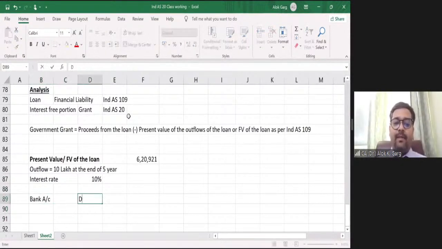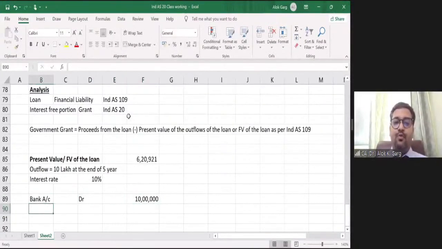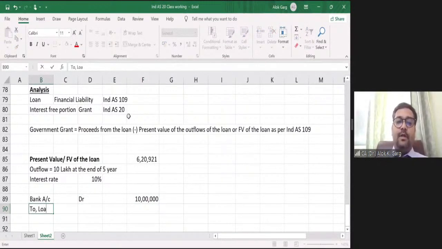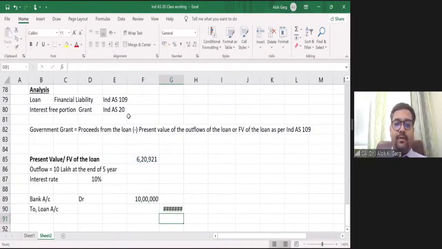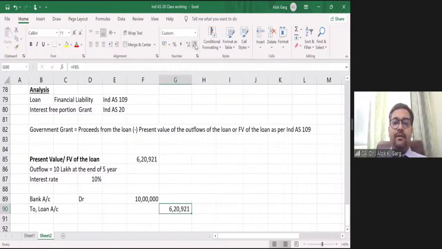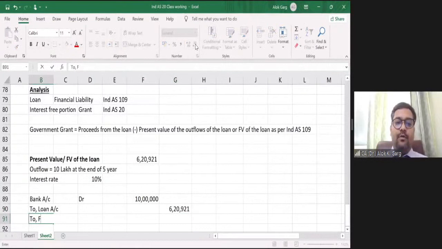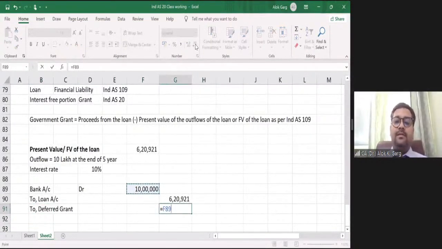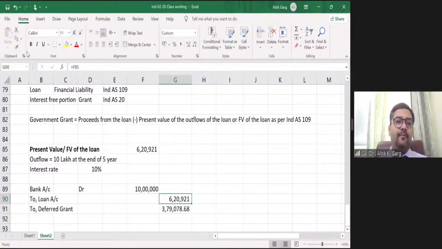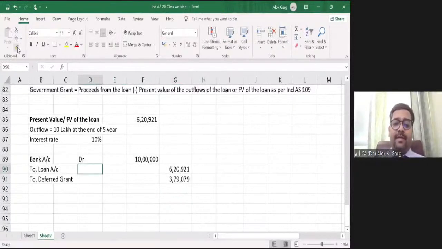Bank account debit 10 lakh, to loan account 629.21, and to deferred grant 10 lakh minus 629.21. Is it clear, friends? This will be credited.